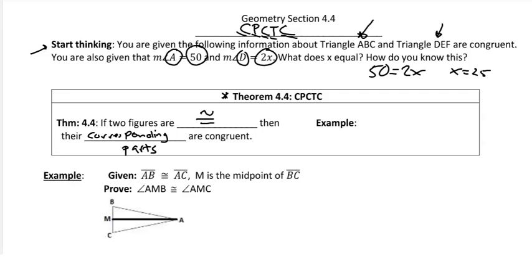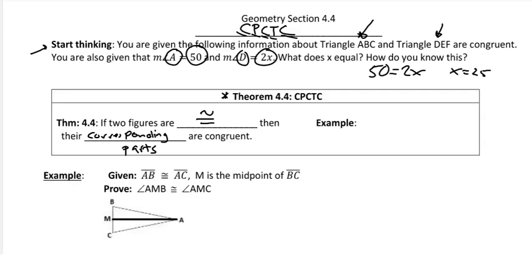Now, a real world example of this. I scratched up the back plastic inside of my 2015 4Runner. I'd really like to go to a junkyard, find a 2015 4Runner, and pull the parts out. Why am I able to do that? Because I know that if the two 4Runners are congruent, if it's truly the same make, model, and year, then all of the parts should also be congruent.